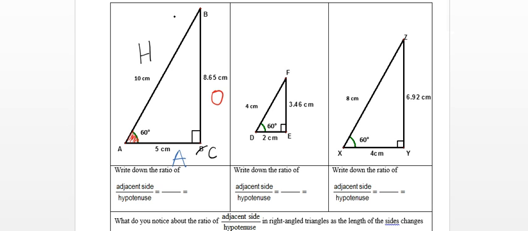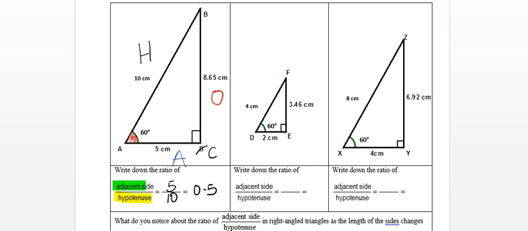Write down the ratio of the adjacent side over the hypotenuse. What can you find? The adjacent is 5 cm, the hypotenuse is 10, and we get the value 0.5 or half.